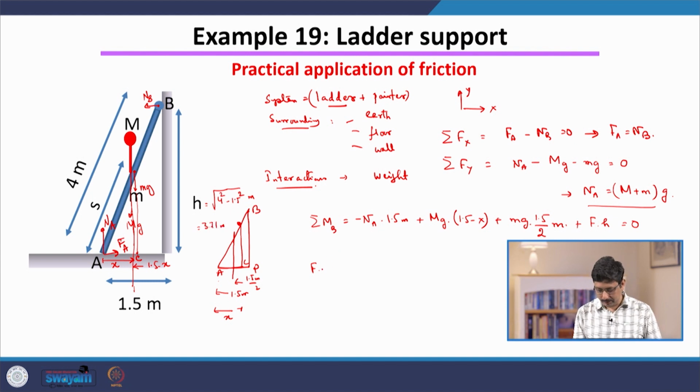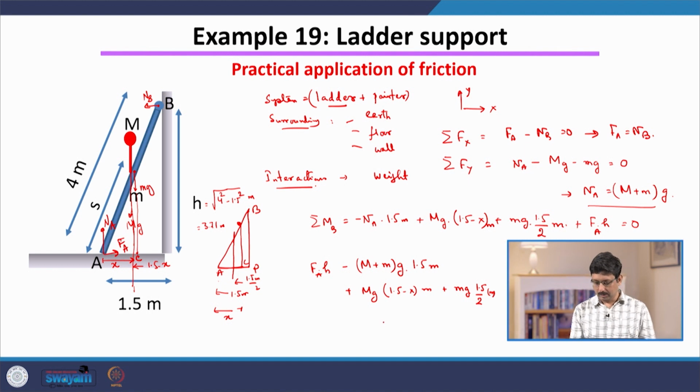So, now we have F A times h minus M plus small m times g times 1.5 meter, plus m g times 1.5 minus x meter, plus mg times 1.5 by 2 meter is equal to 0.